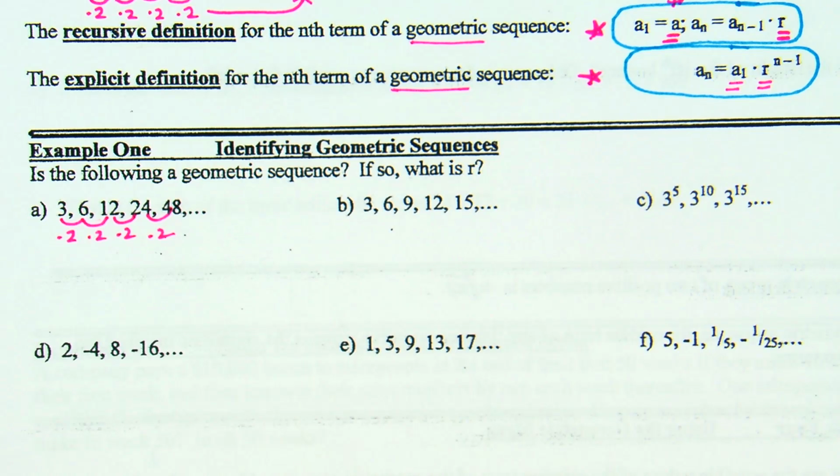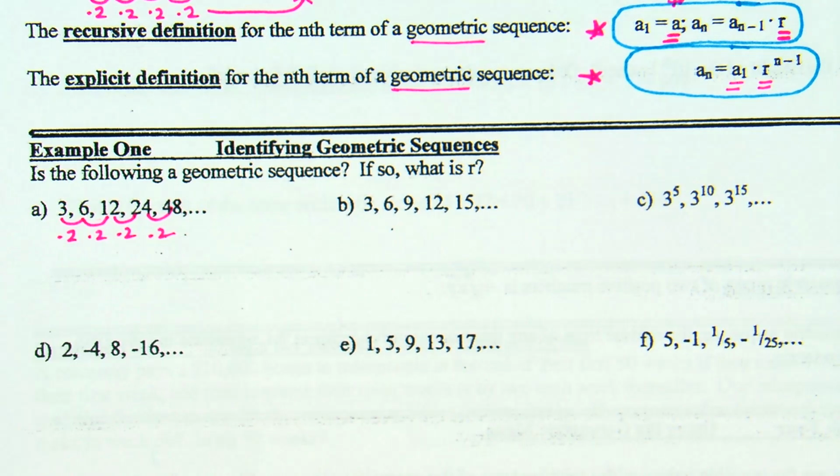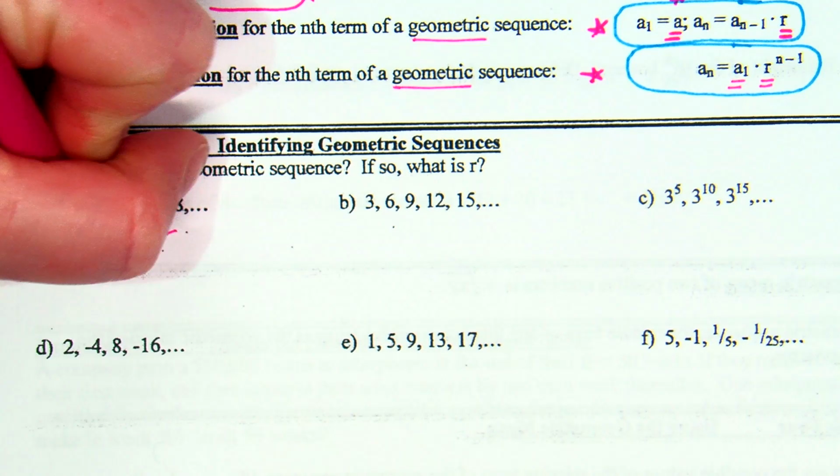So, is this sequence geometric? Yes, because we're multiplying by the same term every time, right? Yesterday, if you were adding, it was arithmetic. Today, if you're multiplying, it is a geometric sequence.